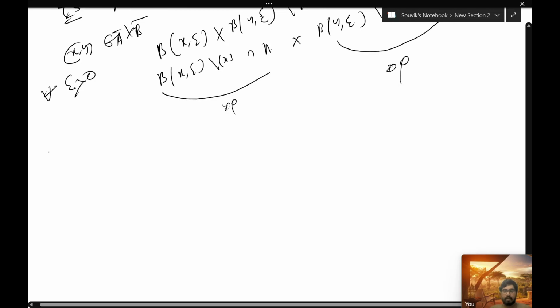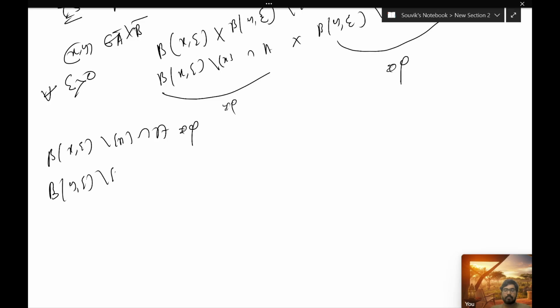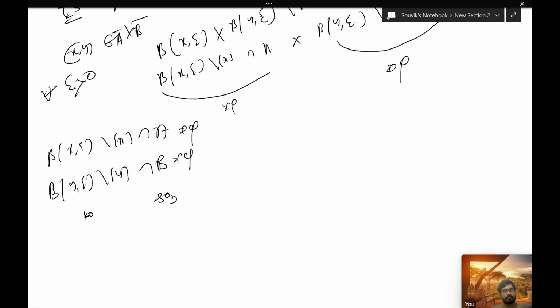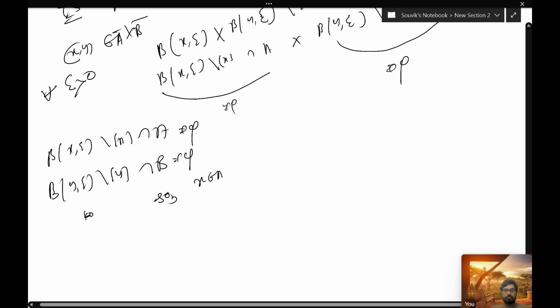This implies B(x,epsilon) minus x intersection A is non-empty and B(y,epsilon) minus y intersection B is non-empty. So x belongs to A closure and y belongs to B closure.